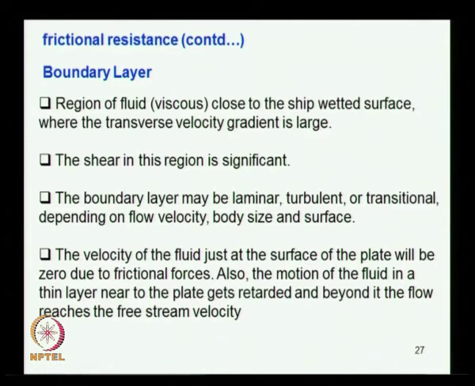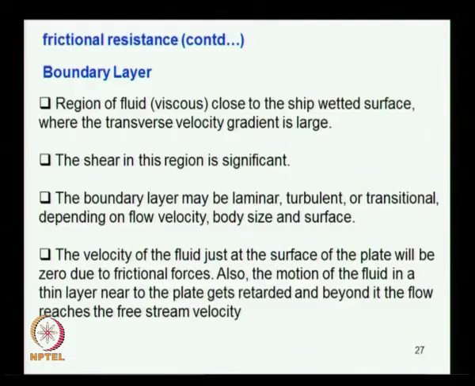We have already seen the velocity gradient over the surface, the velocity gradient is strong, and you know that the boundary layer definition itself is that flow velocity transitions from 0 at the body to the free stream velocity, that is usually taken as 99% of the free stream velocity, that is the edge of the boundary layer.